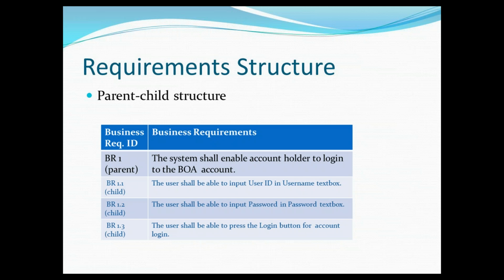The reason we are using this structure is to tell the developers that all of these requirements together form a certain functionality. They link to each other, they have this parent-child relationship. You write the code for all of these requirements, and they will give you functionality right there. What functionality? That somebody who has an account can log in. Great.